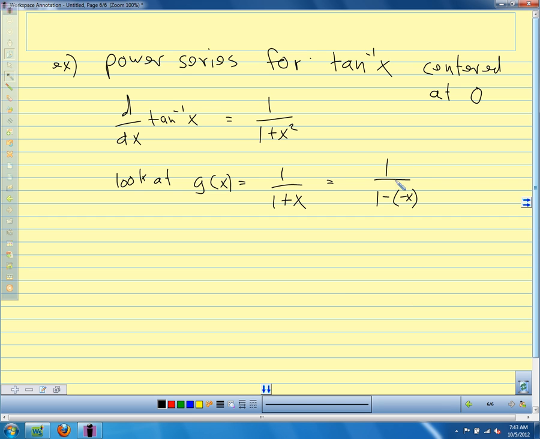So I can write this as the sum of a geometric series. So 1 over 1 plus x equals the sum, n equals 0 to infinity, of minus 1 to the n, x to the n.